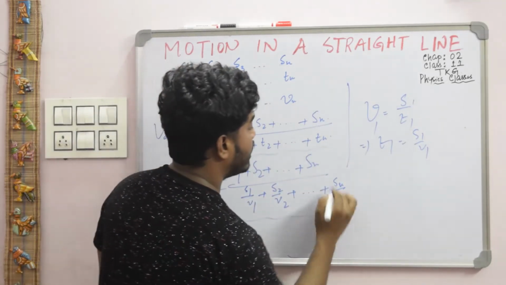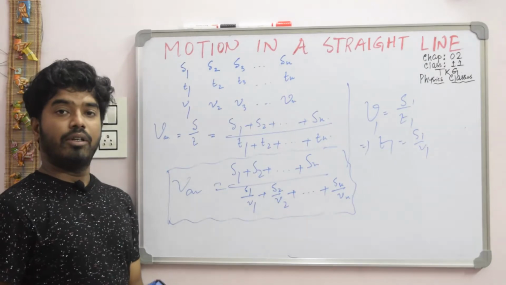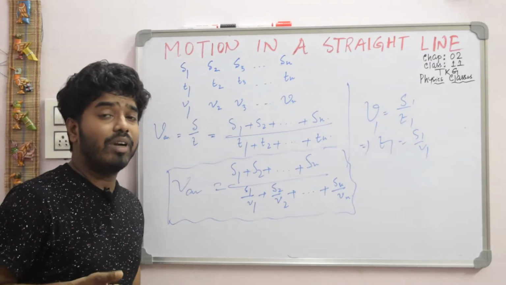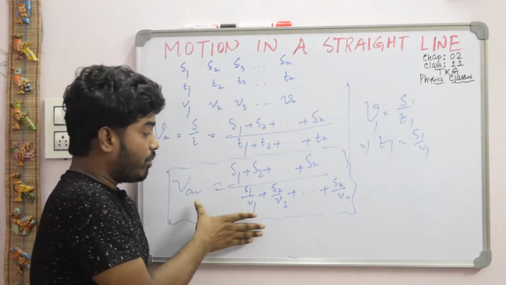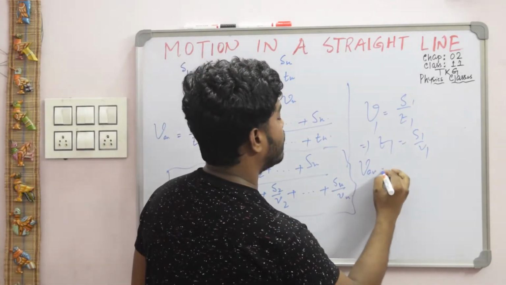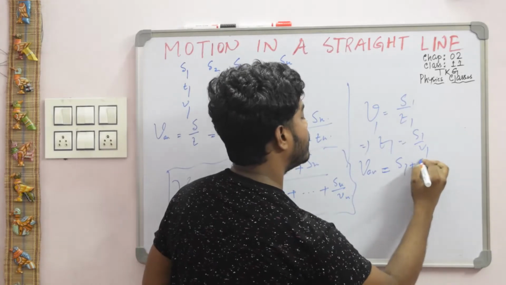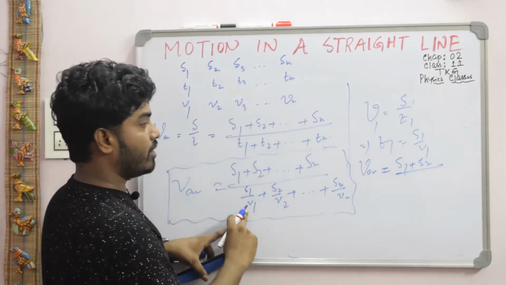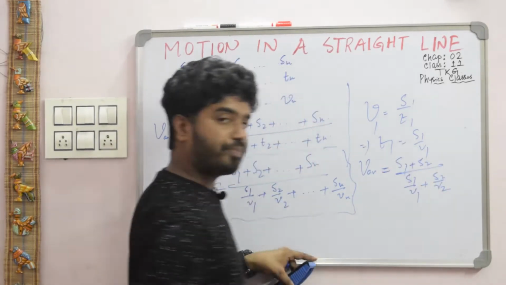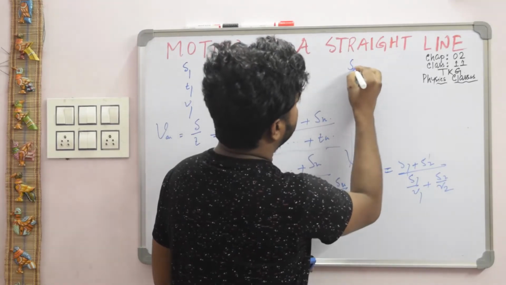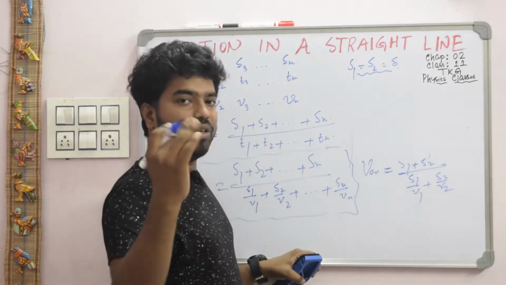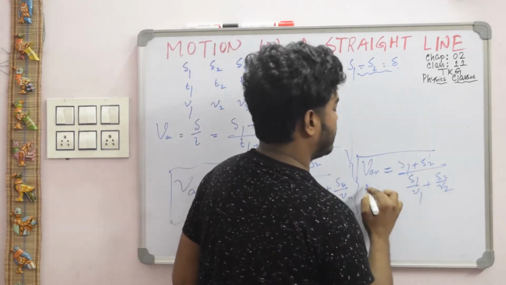Okay. Now we have to take a special condition. Suppose we are calculating average speed for covering two distances s1 and s2, then what will be the modified formula for it? The modified formula will be v average is equal to s1 plus s2 divided by s1 by v1 plus s2 by v2. Now suppose s1 is equal to s2, that is, the distance travelled by the body is equal, then what will be the formula?